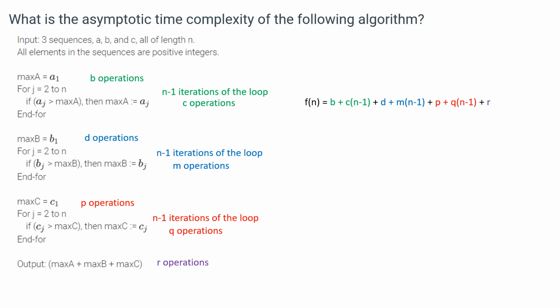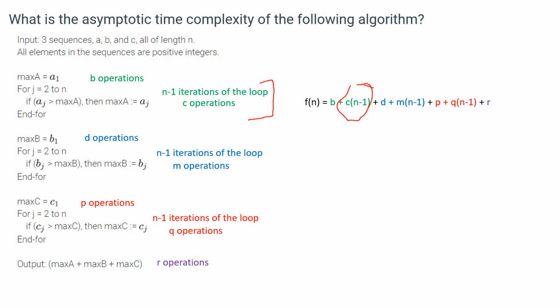So remember that this loop here, we're saying that C operations are being done n minus 1 times. So that's how we get this, C being done n minus 1 times.